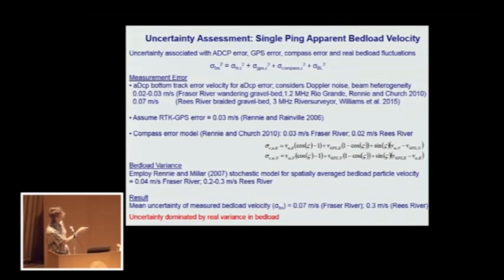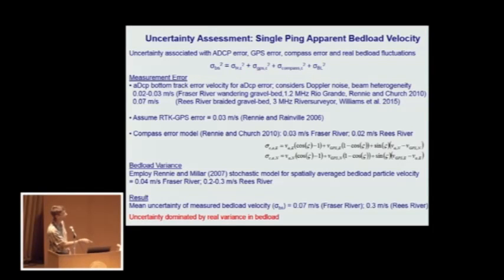And long story short, in most situations for spatial surveys, the bed load is so variable temporally that this term dominates the error terms. But to give an idea of the degree of error, I'm going to focus on two data sets. The variance of bed load that I estimated was around 7 centimeters per second for the Fraser and up to 30 centimeters per second for the Reese.